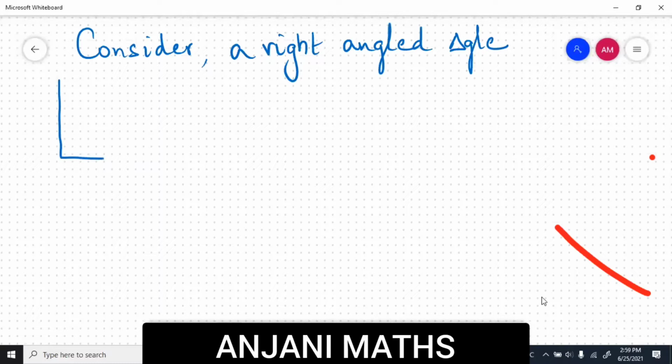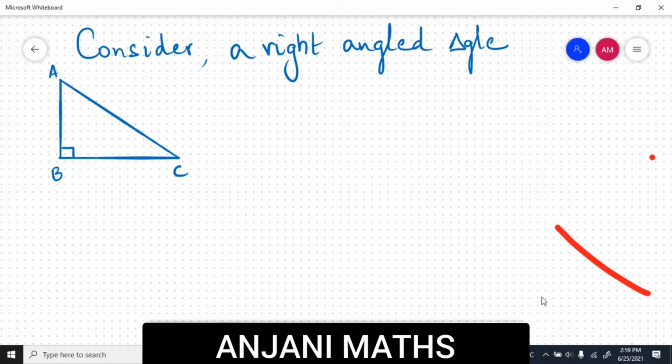So this is a right angle triangle. Let us take the same right angle triangle, A, B, C.